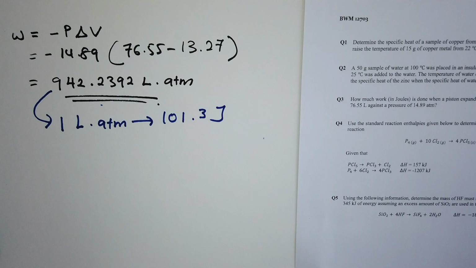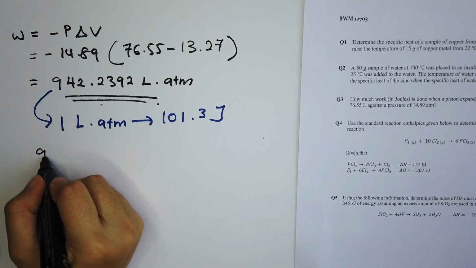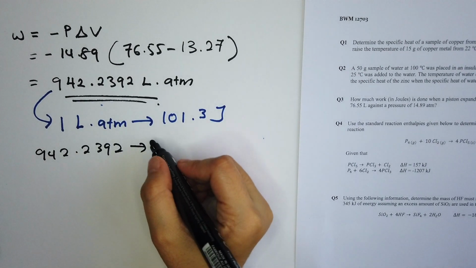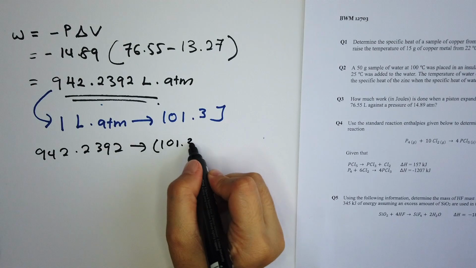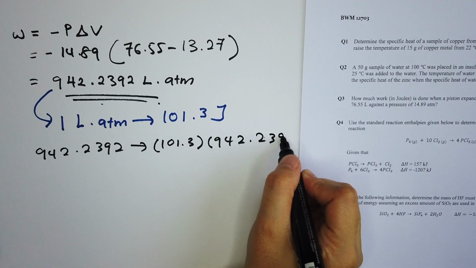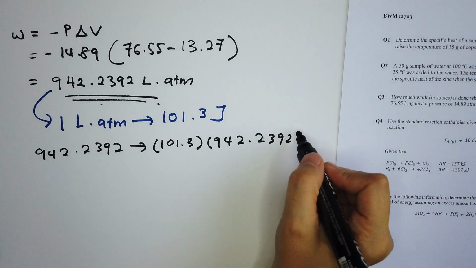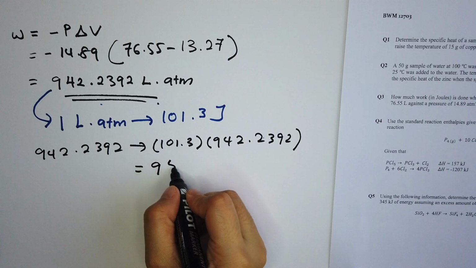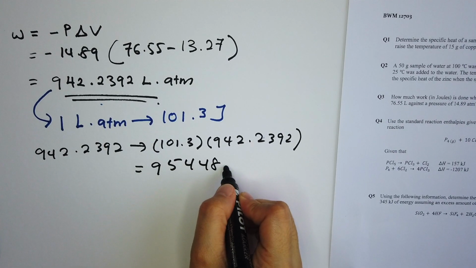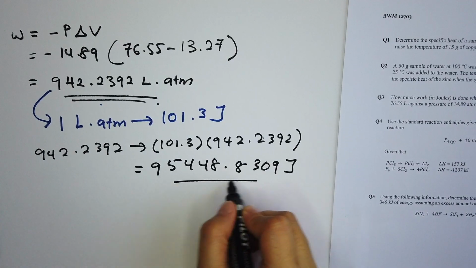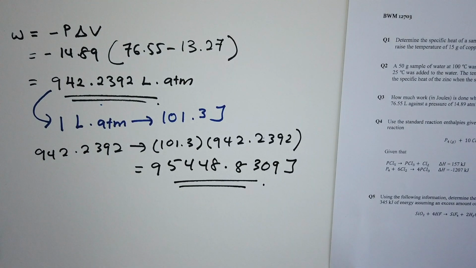Therefore, 101.3 times 942.2392 is equivalent to 95448.8309 joule. This is your final answer for the third question.